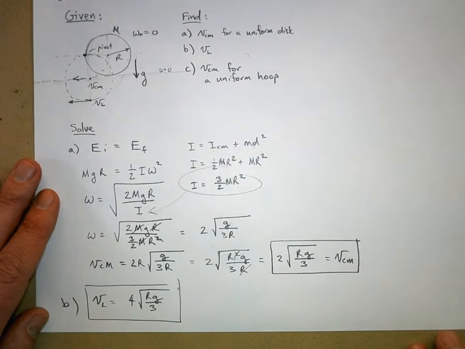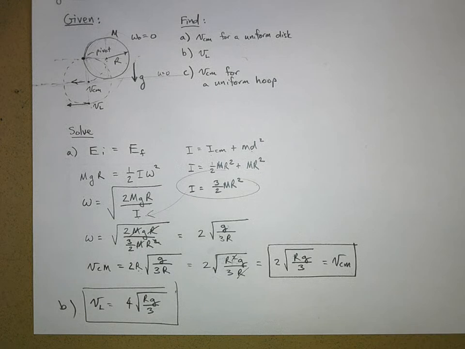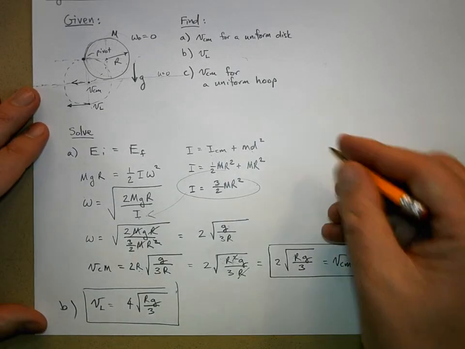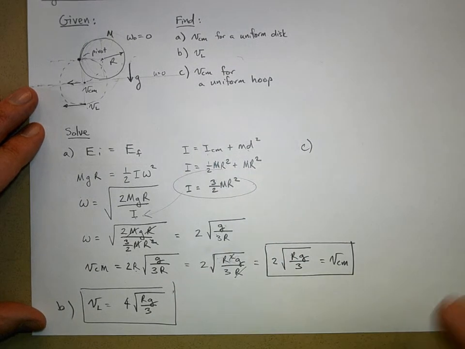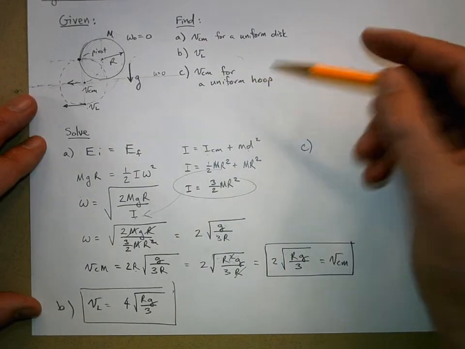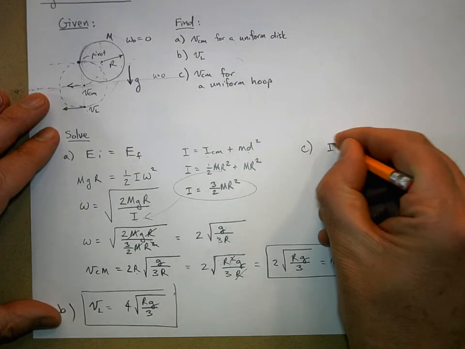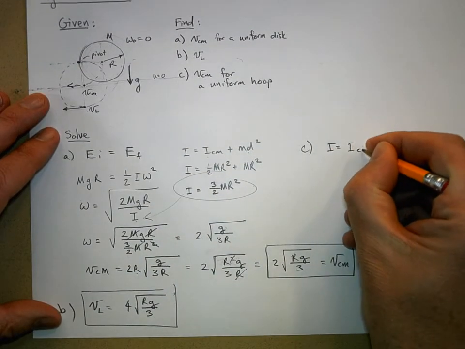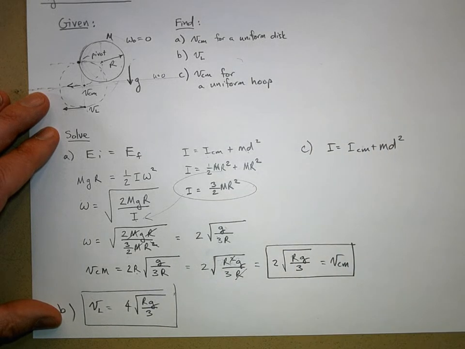Okay. Now, for part C, the velocity of the center of mass for a uniform hoop, all we're doing is changing the rotational inertia of it. So here's the parallel axis theorem again.